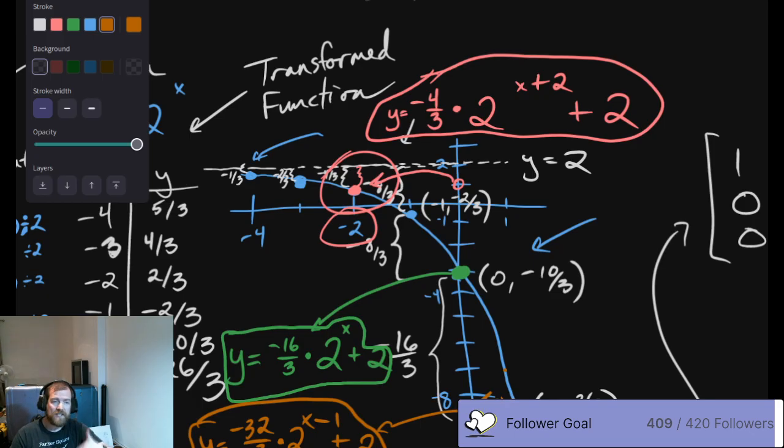What's changing? It's the scale factor. Our A value that's sitting out front, the negative 4 thirds, or the negative 16 thirds, or the negative 32 thirds. How did it change? We took a 2 from the exponential thing, and we multiplied it not into the 2, but now into the A value out front. Another way to do this is to say, if we took y equals negative 4 thirds times 2 to the x plus 2, that is the same as 2 to the x times 2 to the second.